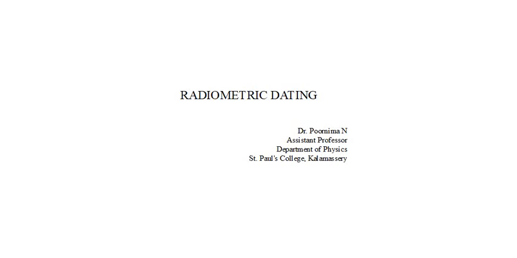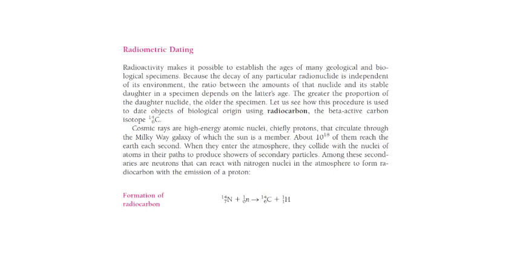Hello all. In this lecture, we will discuss something called radiometric dating. It is possible to estimate the life or ages of biological as well as geological specimens using radioactivity. We know that a particular radioactive nuclide, to attain stability, undergoes several decays and gets converted into a daughter nucleus.